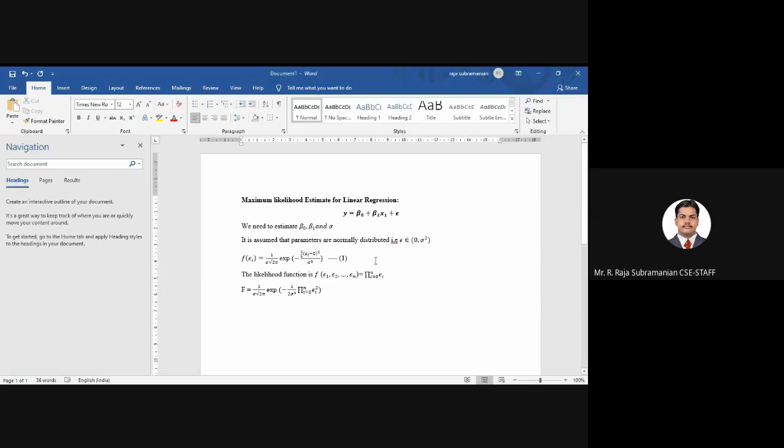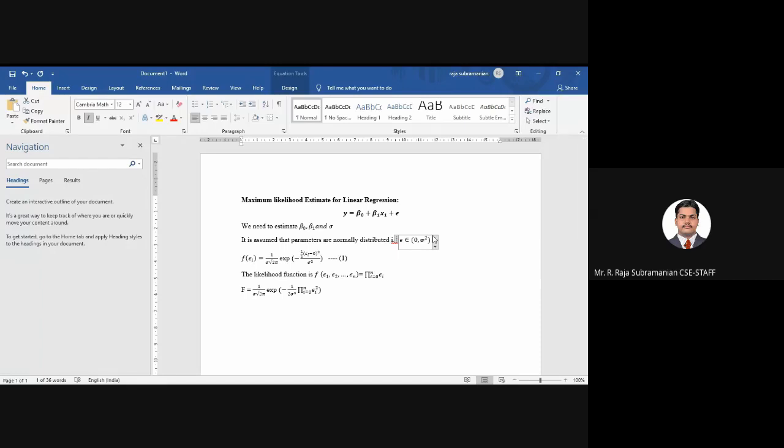I'm assuming that the error term is going to be normally distributed. That is the only assumption I'm taking, because only when that assumption is true, I can actually proceed with any one distribution formula. This normal distribution states that the mean is going to be 0, and the standard deviation is going to be my sigma, or variance is going to be my sigma squared, right?